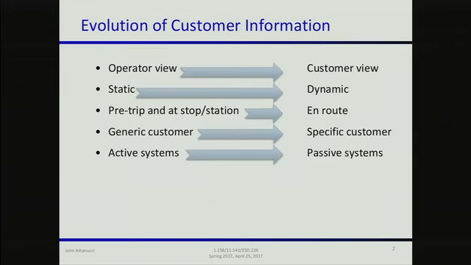So this is a spectrum of components, or characteristics, of customer information, and how it's evolved from what transit agencies are providing to their customers. On the left is the old stuff. On the right is where it's going, and it's not all there yet.